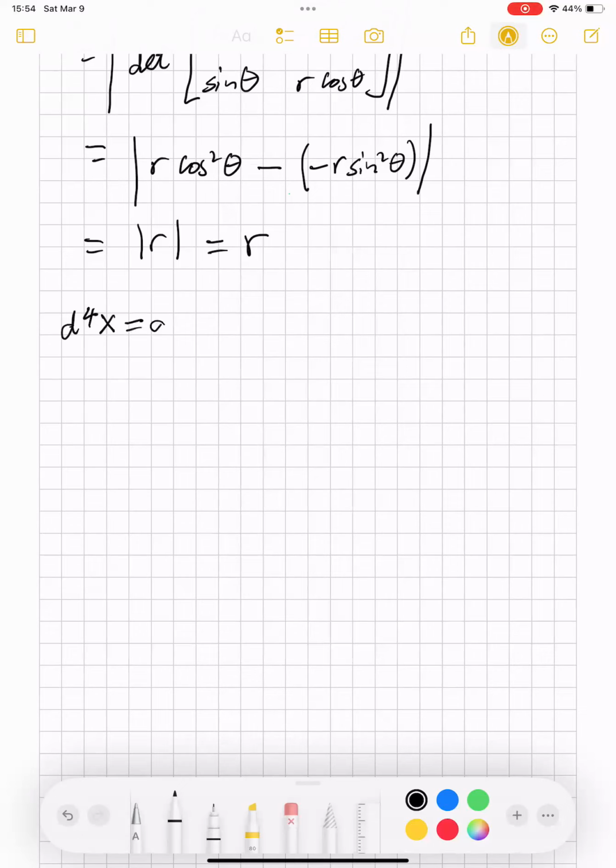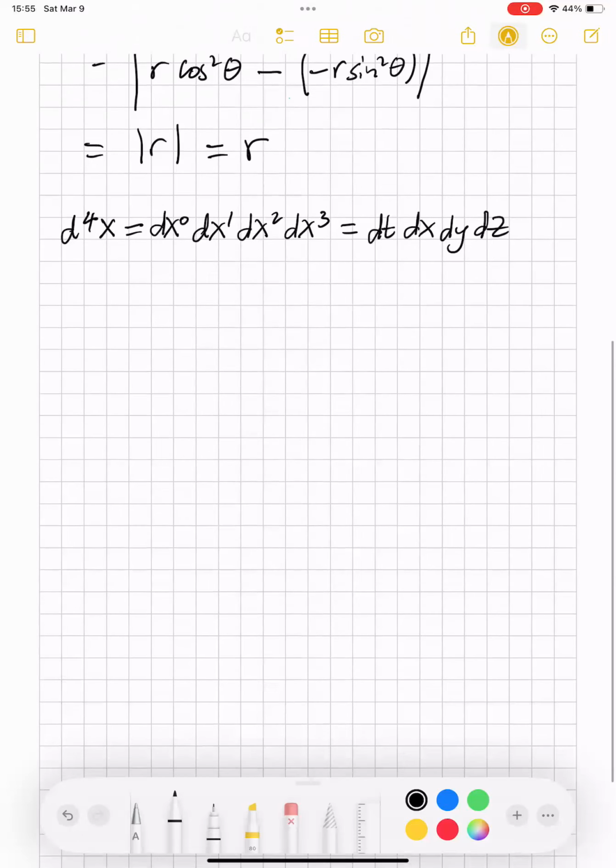This we can think of as dx0, dx1, dx2, dx3, or perhaps in slightly more familiar language, this is dt, dx, dy, dz, okay? And let's imagine we move to some other Lorentz frame, and the integration measure in that other Lorentz frame would be d4x primed.